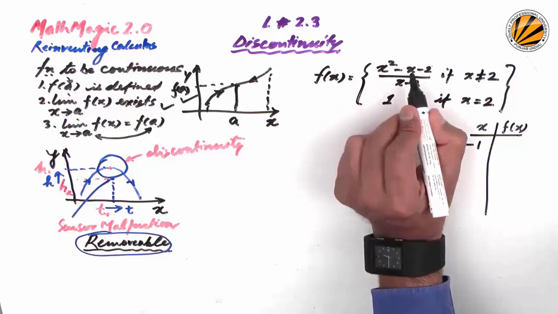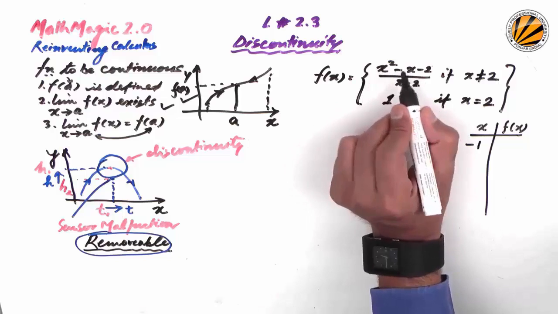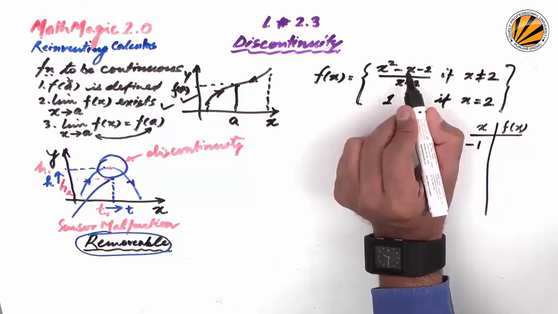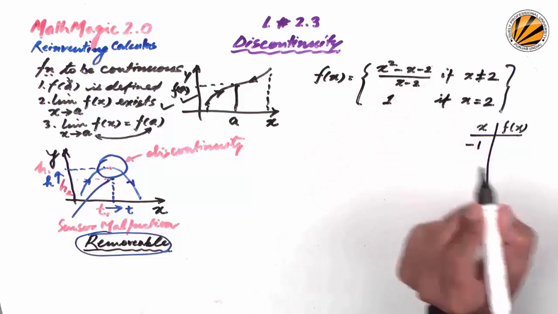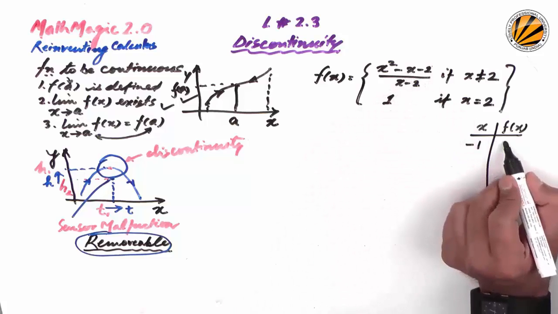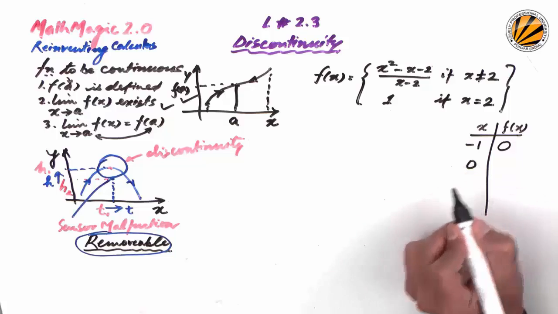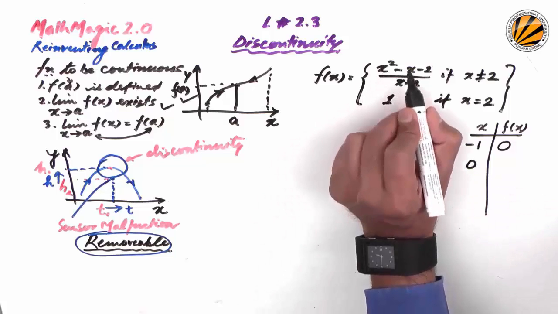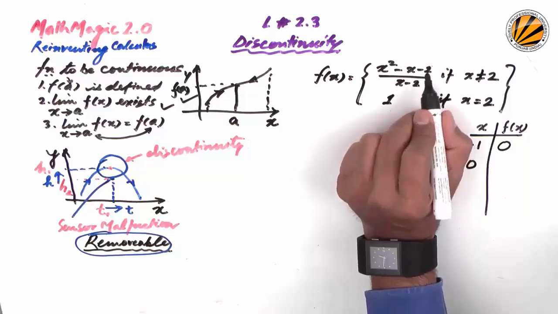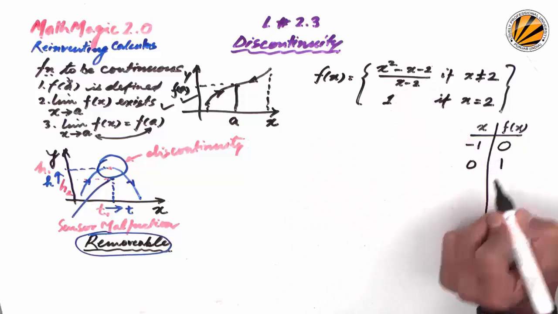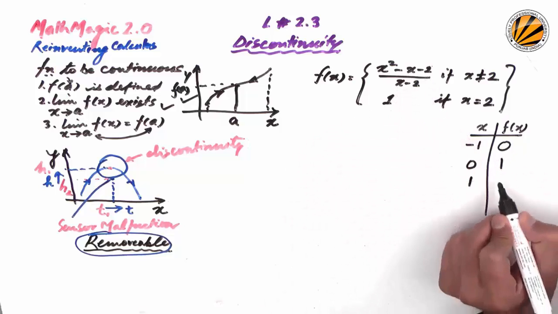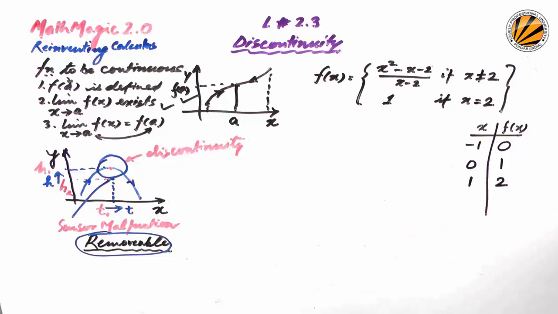This will become 1, this will become minus 1, so plus 1, minus 1, minus 1, and so on and so forth. The value is going to be 0. At 0, if you put 0 out here, this is minus 2, so this is going to be 1.